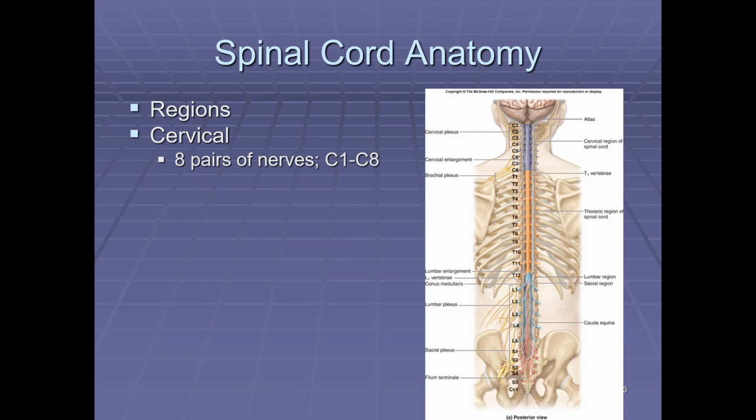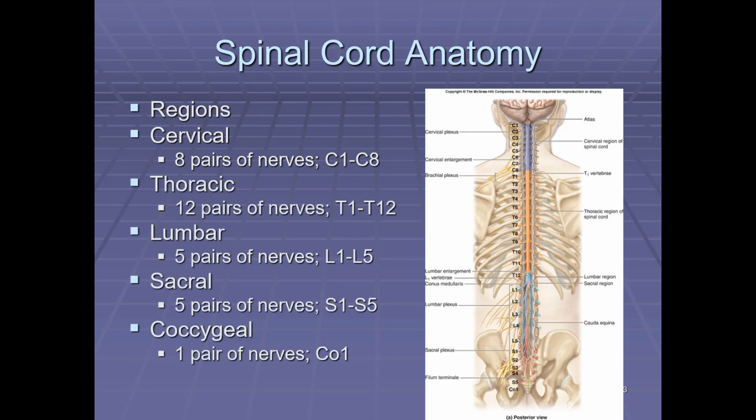Looking at this view of the spinal cord, you can see some similarities between the spinal cord areas and the nerves coming off of it and the vertebrae that we talked about with the bones. There's a cervical region, thoracic, lumbar, sacral, coccygeal. The cervical region has 8 pairs of spinal nerves coming off, C1 through C8.